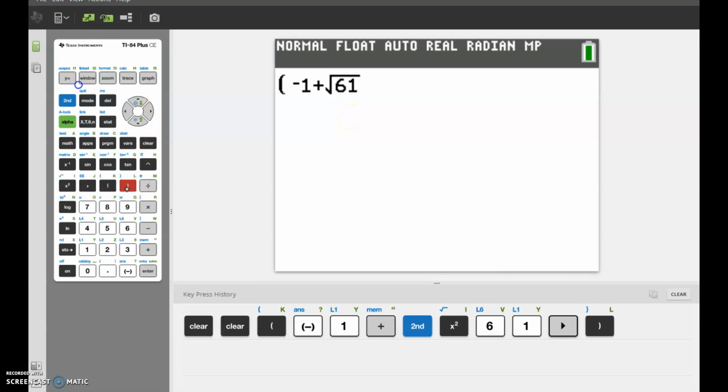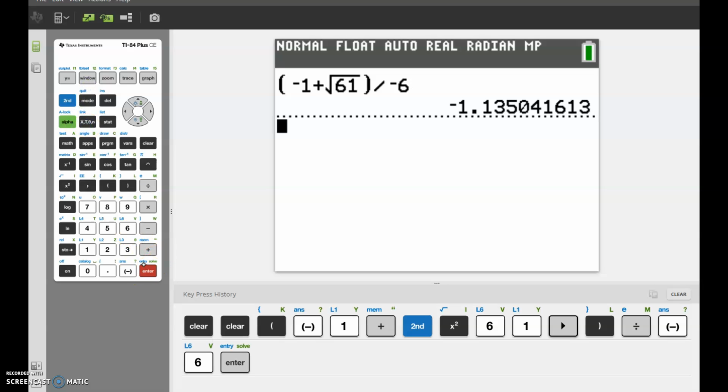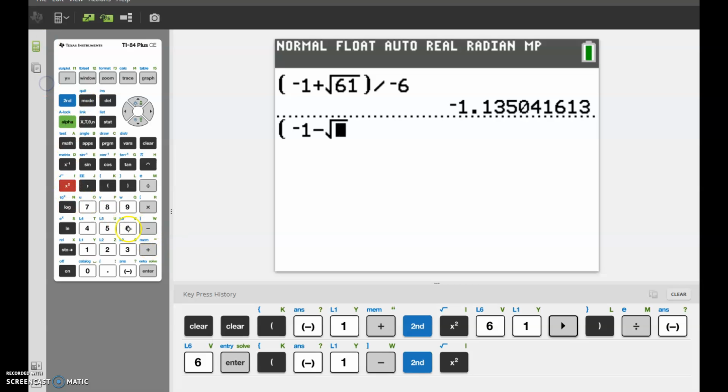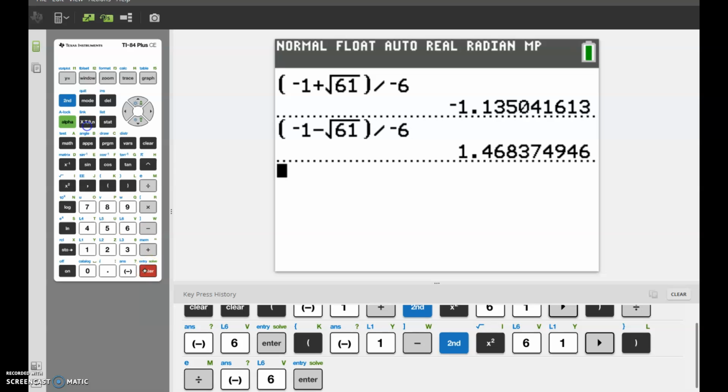So I'm going to move that over, end the parenthesis, and then I'm going to divide that answer by -6. -1.14 is one solution. Okay, so then I'm going to get my next solution. Everything stays the same, except now it's -1 minus the square root of 61. Move my cursor out, end the parenthesis, divided by -6. Okay, so 1.46 would be my second solution.